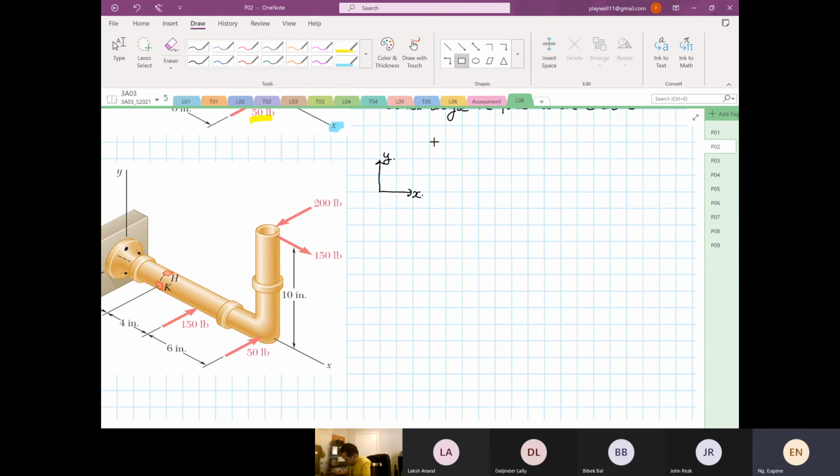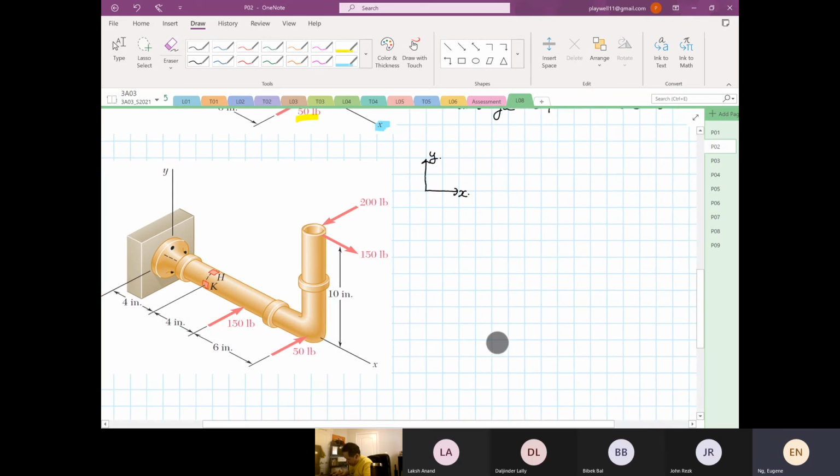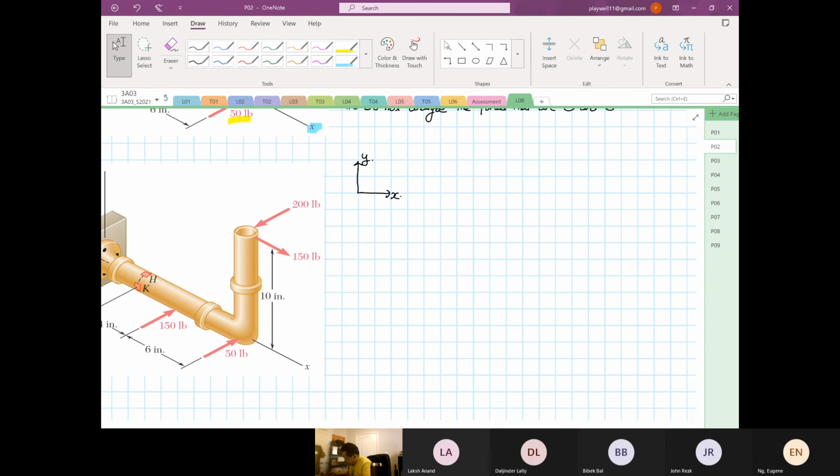So our pipe looks like this. You have 4, 4, 6. So you have 4. If it's not to scale, it's fine. 4 and 6, 2, 4, 6.